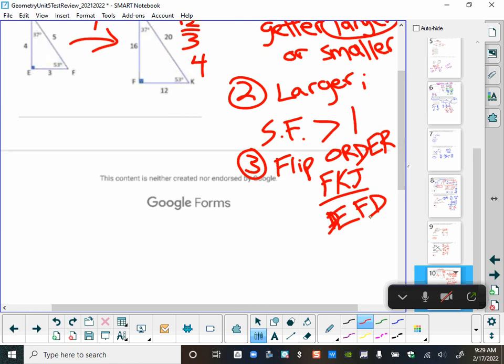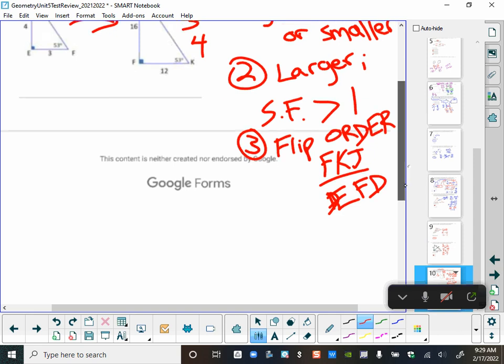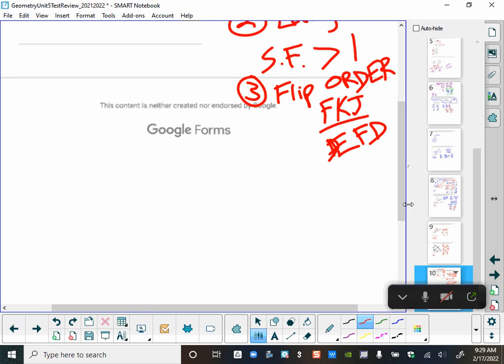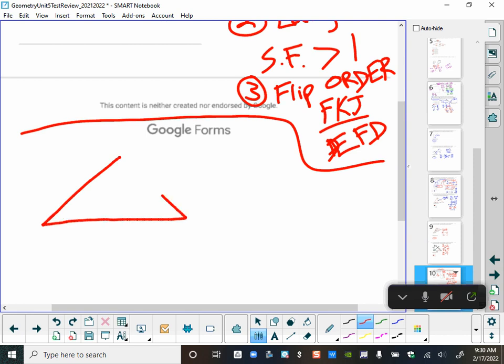Now, the only thing I wanted to mention real quick, this is going to be about a minute. You might see this on your test. What type of slant do we have here? A left or a right slant? It's a right slant.